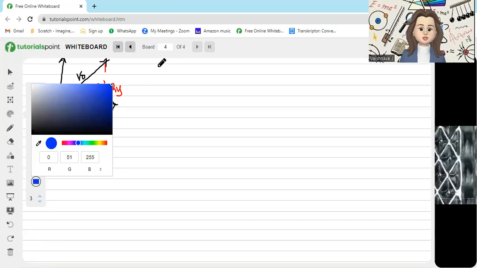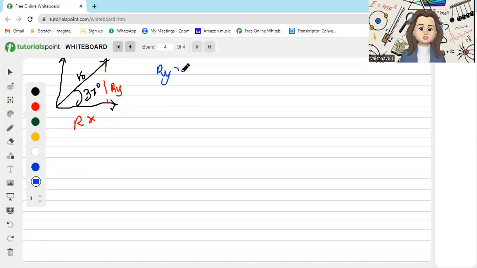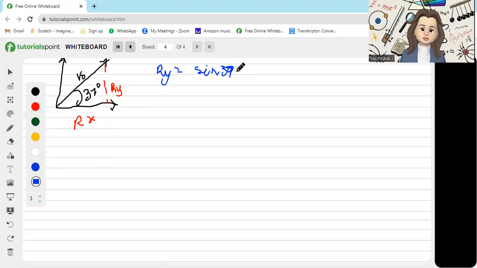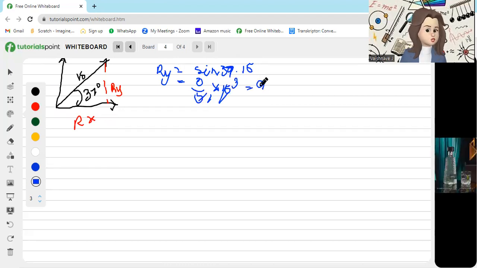Now, ry is equal to sine theta into r, sine 37 degrees into r, which is 15 here. Sine 37 is 3 by 5. So 3 by 5 into 15 is equal to 9.